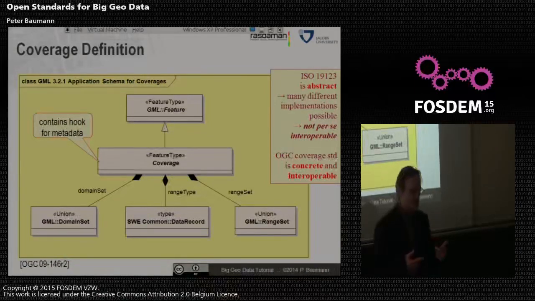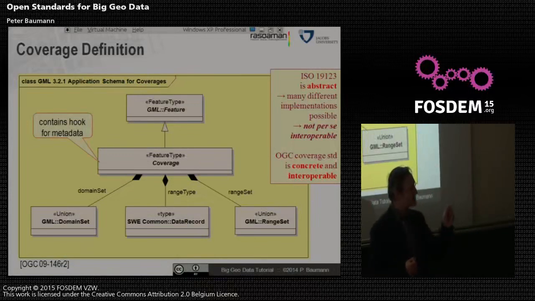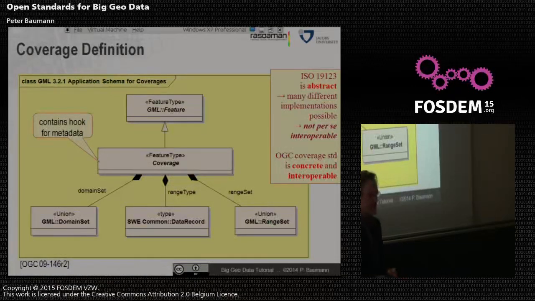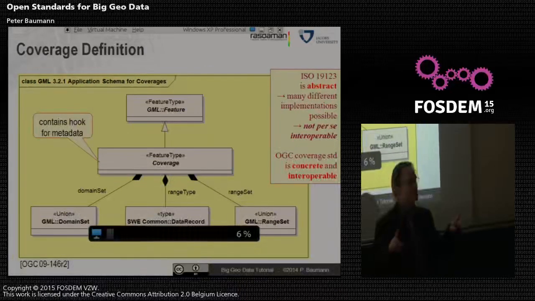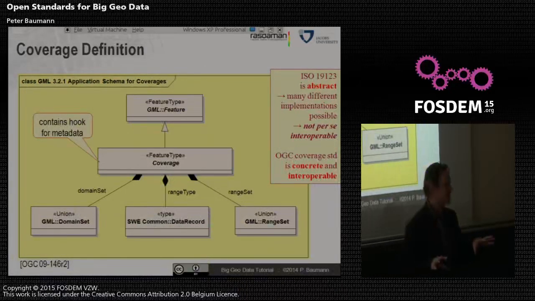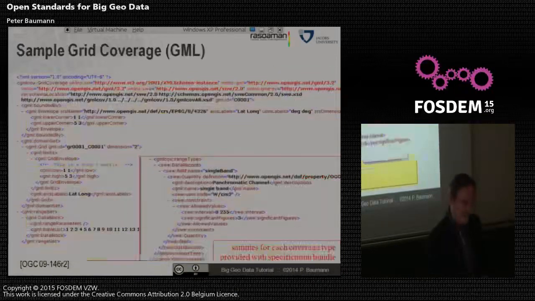This one, the coverage definition of OGC, is an interoperable one, and we have conformance tests that can check a coverage down to pixel level whether it's consistent. By the way, you will often find this named GML cov. That is a convenient shorthand we found because OGC had the idea to name this the GML 3.2.1 application schema for coverages, which is nothing that anybody wants to pronounce. So, GML cov. Hey, come on.